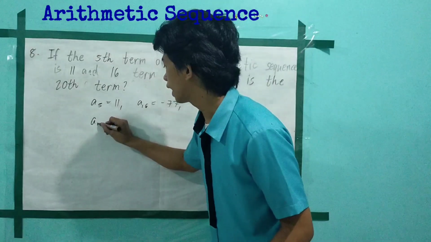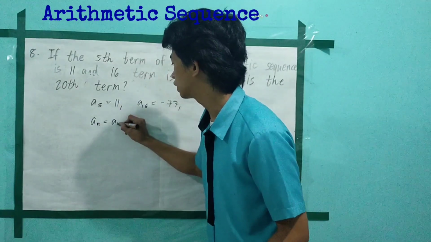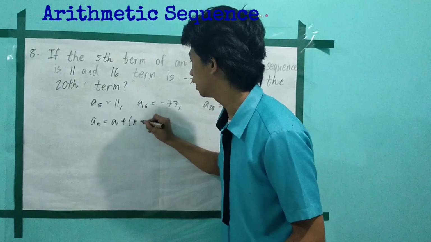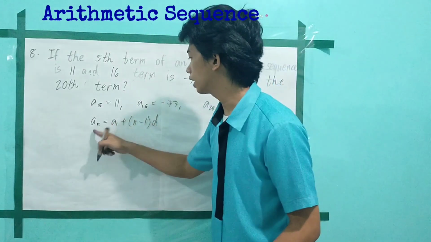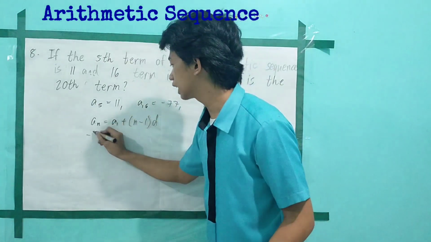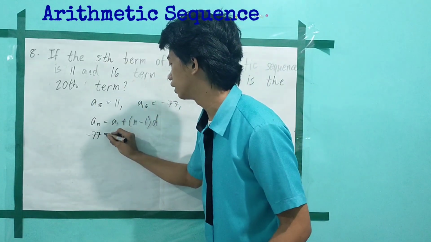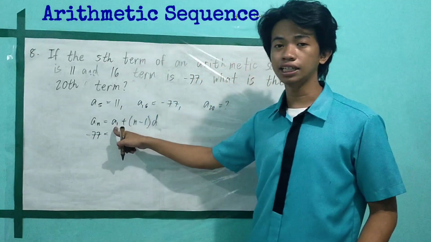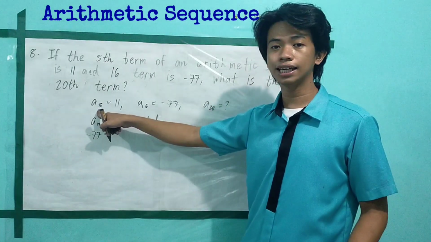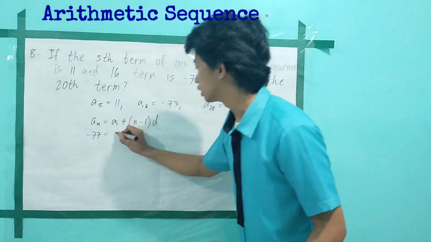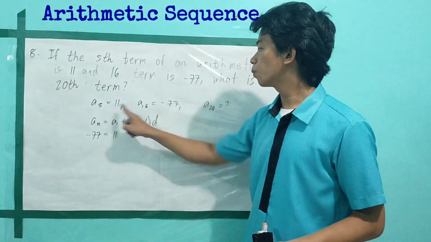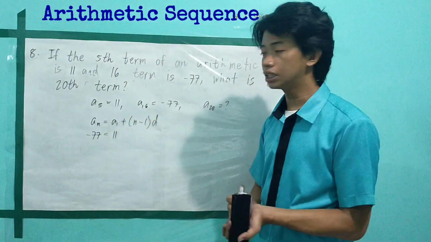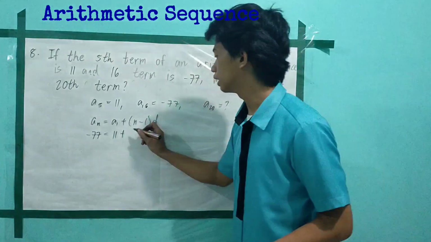So, using formula a sub n is equal to a sub 1 plus n less 1 multiplied to the common difference. Yan, substitute natin. Ang ating a sub n is negative 77. Equals, ang a sub 1 natin, gawin muna natin a sub 1 yung a sub 5. So, ibig sabihin, we have 11. Okay, from a sub 5 to a sub 16, how many terms do we have?